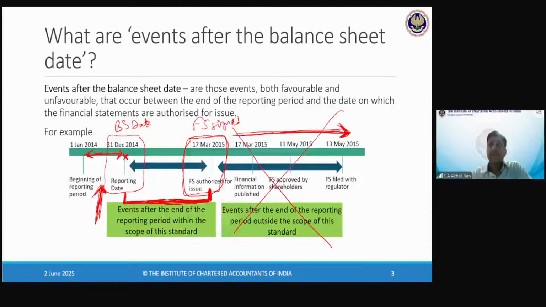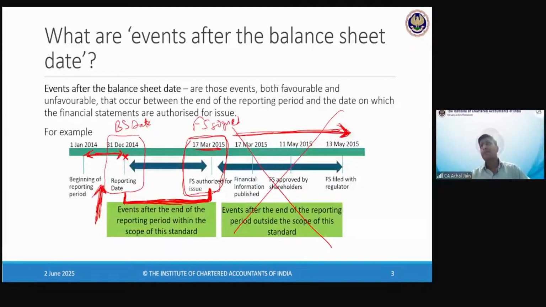Standard says any event that occurs after the balance sheet date, means that occurs after 31st December 2014, but before the financial statements are authorized for issue, that means up to 17th March 2015, those events are required to be evaluated.